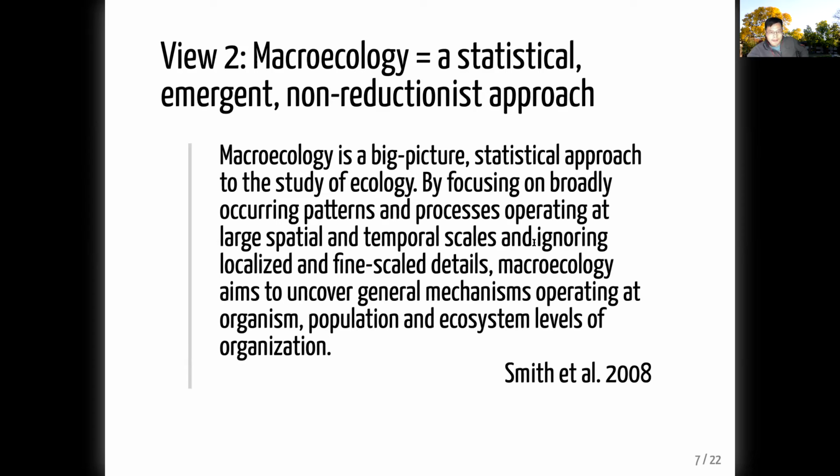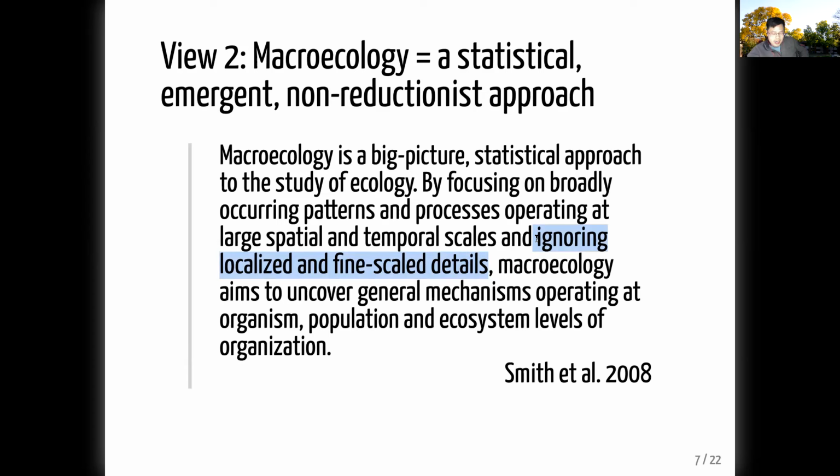There's one thing I wanted to highlight: ignoring localized and fine-scale details. In the reductionist view, adequate modeling of the components should always reproduce all emergent phenomena. So think about traditional ecology.